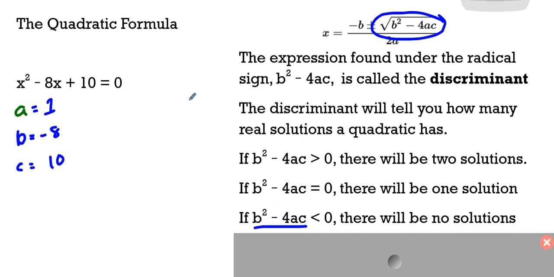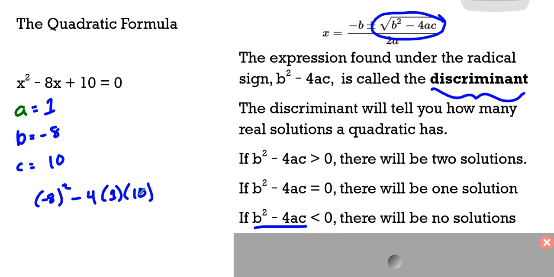So how we would do it, we've used this quadratic function before, x squared minus 8x plus 10. To find the discriminant, we're going to take b squared, negative 8 squared, minus 4 times 1 times 10.